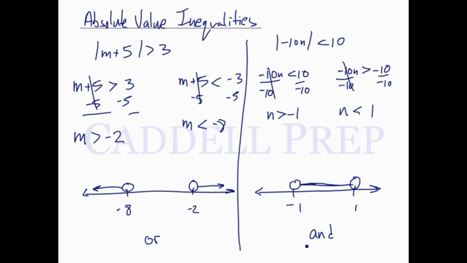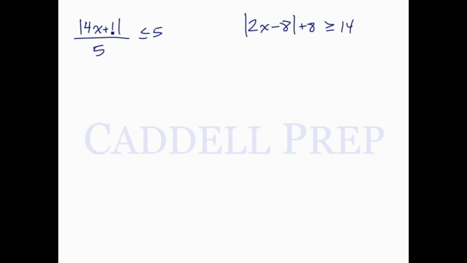A good key to see when you're going to get a conjunction or not is to look at the original inequality. The absolute value, when it's by itself, if it makes a less than sign, which kind of looks like a C, it's going to be a conjunction. And if it's not, then it's a greater than sign, it's going to be a disjunction, this or, where they go in opposite directions.